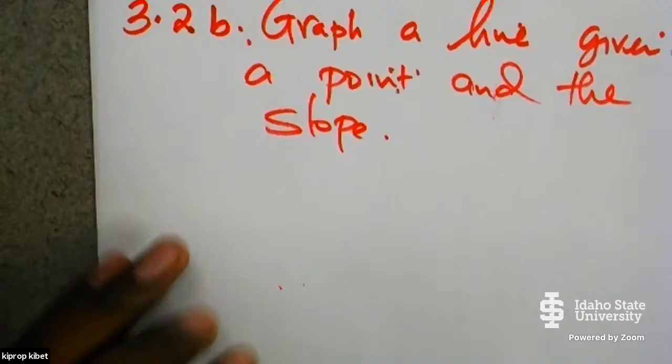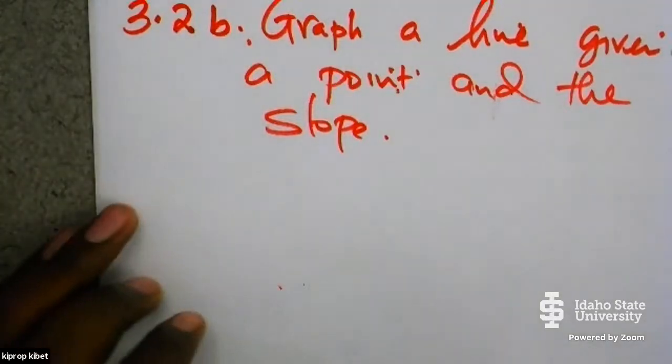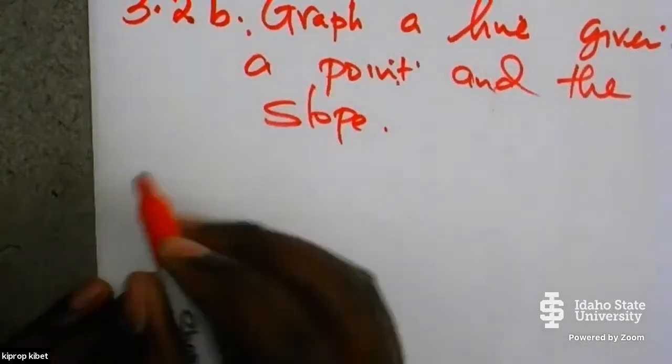So graph the line given the slope and the point. Okay, so we will just do the examples. So example number 1.